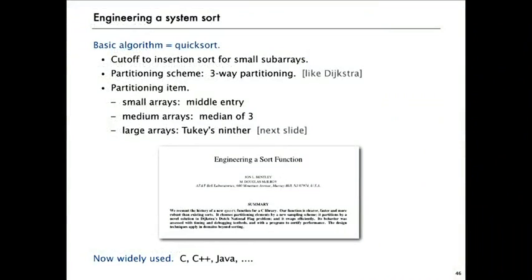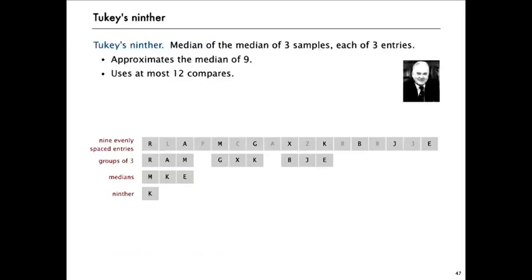Another thing they did was, rather than shuffling the array, they used a method for choosing a partitioning element called Tukey's ninther. Tukey's a statistician, and he had this particular method for order statistics that has some interesting properties, and they used that for the partitioning element. This paper was very influential, and that basic method is widely used.